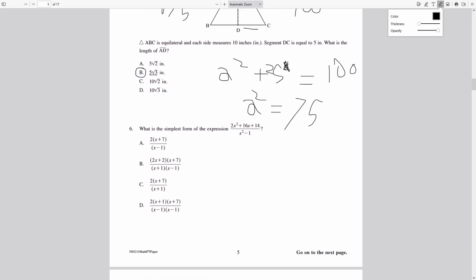Alright. What is the simplest form of this expression? So we're subtracting an x squared. So, it would be x squared plus 16x. Wait, am I doing this wrong? I think so.